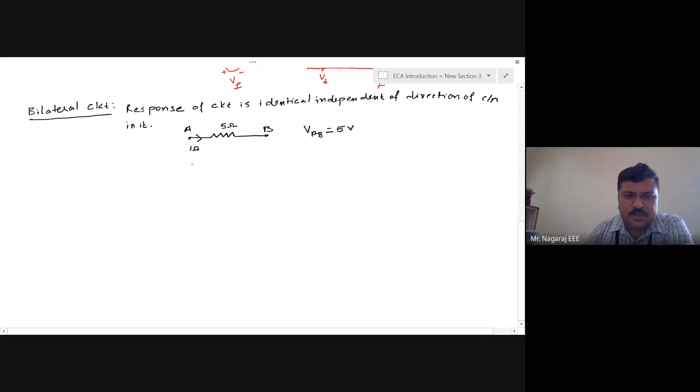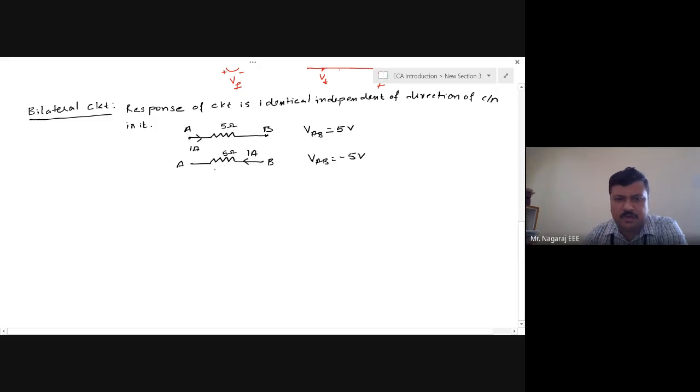Now, if in the same circuit I simply reverse the direction of current, then V_AB will be, say, minus 5 volts. Minus indicates only the direction. It has nothing to do with magnitude.